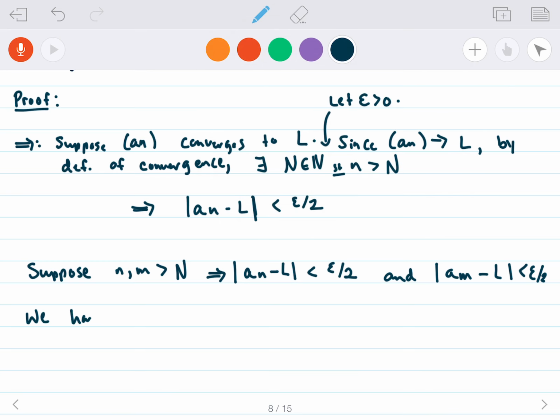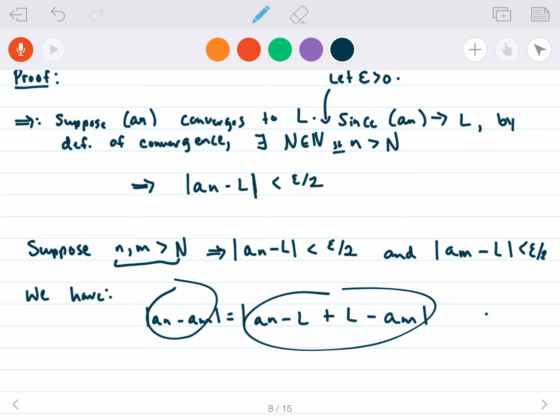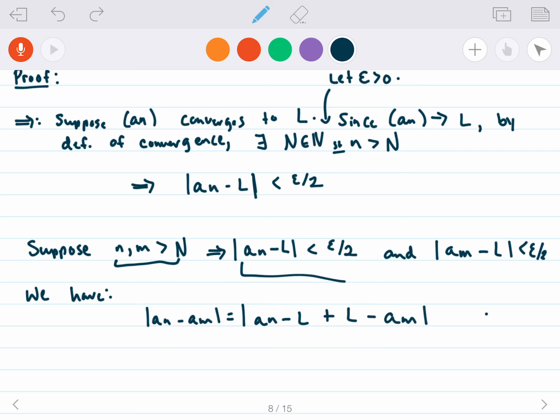So we have the following. We're trying to show that this implies that the absolute value of a sub n minus a sub m is going to be less than epsilon. So we have a sub n minus a sub m, triangle inequality trick, a sub n minus L plus L minus a sub m. This thing equals this. We're just writing it in a sneaky way so that we can use this stuff.